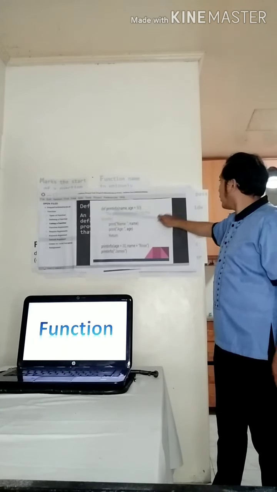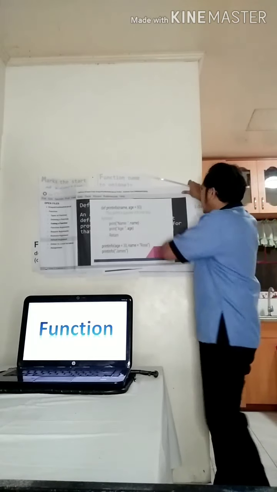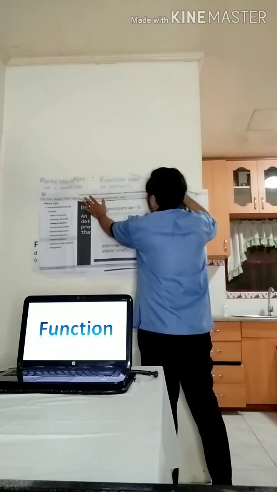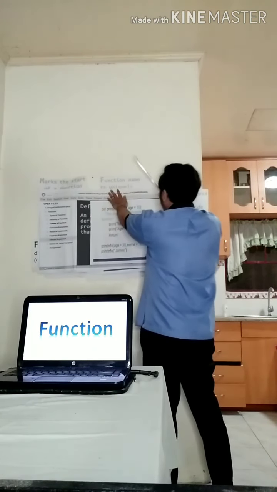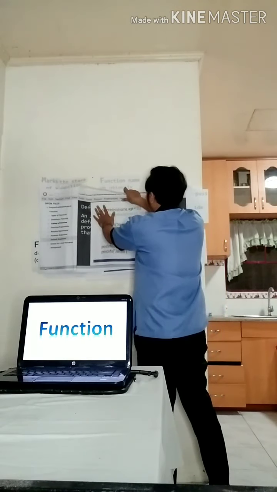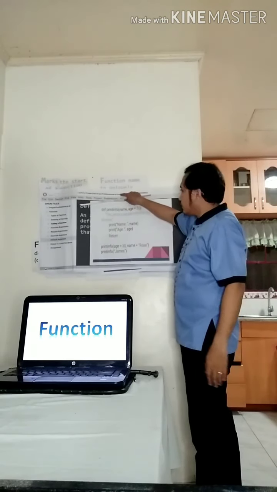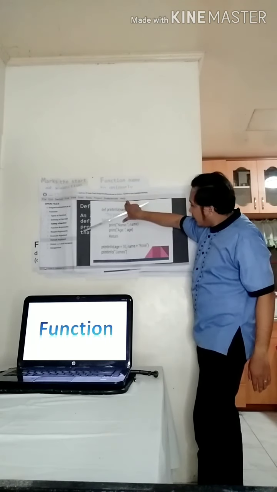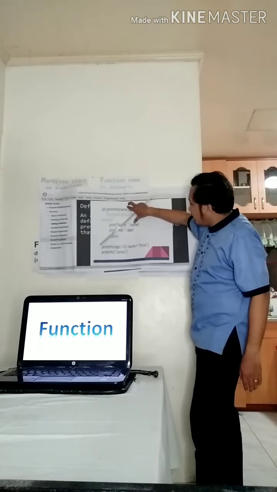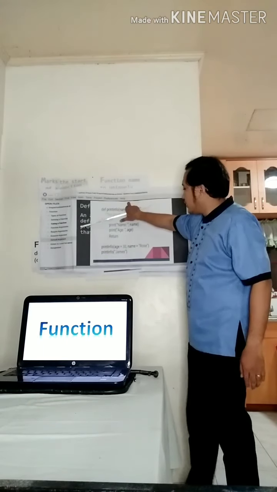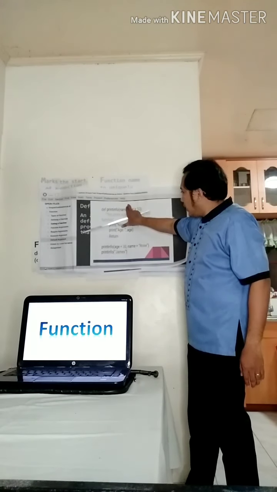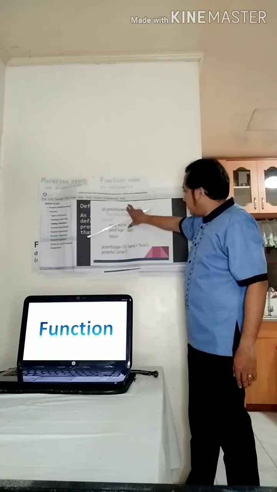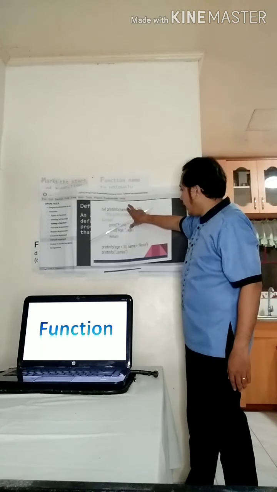So first, this will print the name string followed by the value of name keyword, and then the next line will print the age string followed by the value of age.